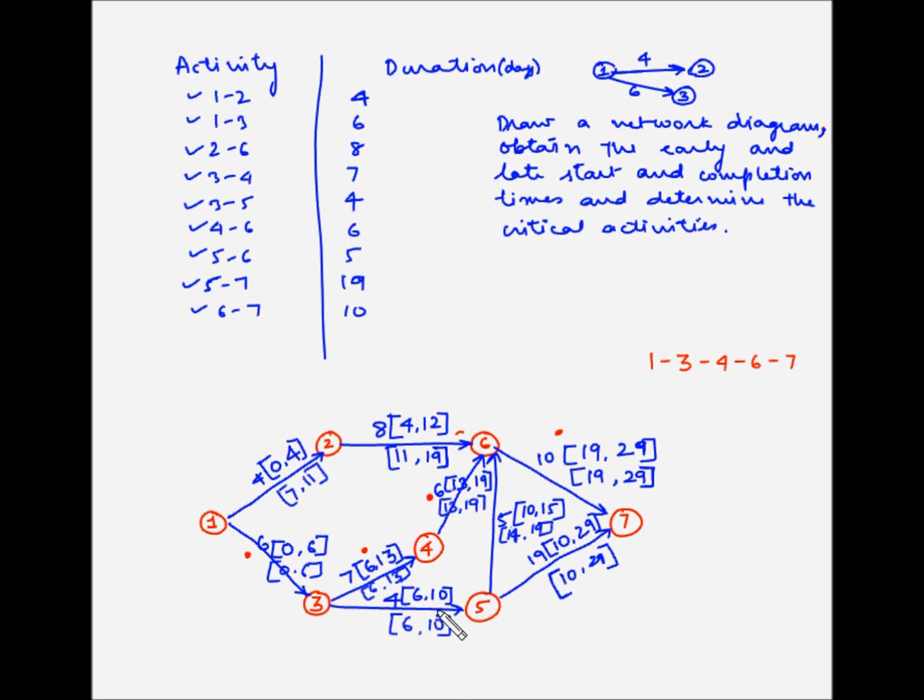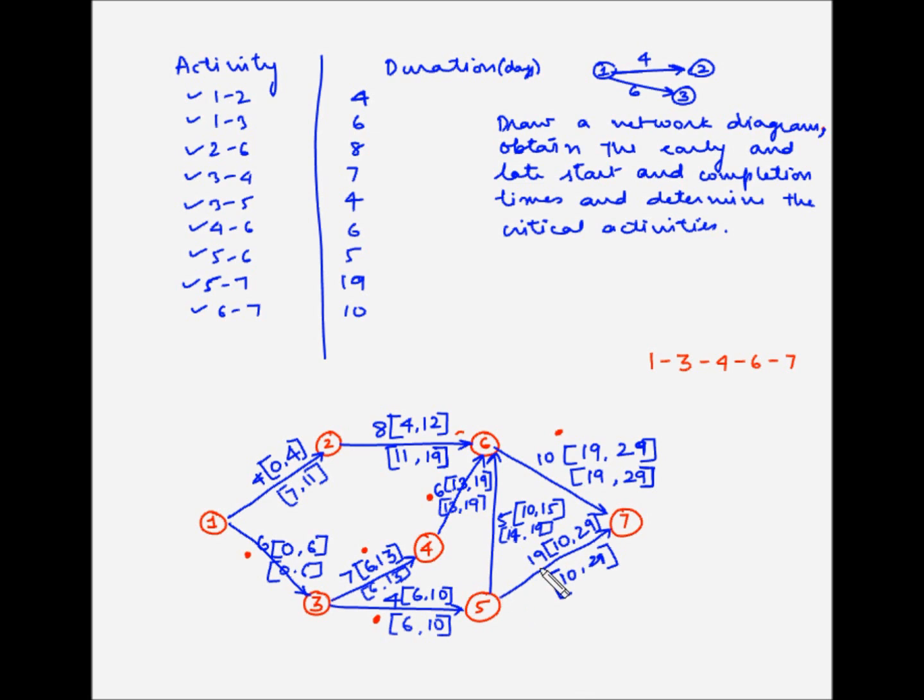So 3 to 5, for this activity the earliest start time is 6 and latest start time is 6. The earliest finish time is 10 and the latest finish time is also 10. So both the sets of numbers match. So this also is a critical activity. Now activity 5 to 6, this has an earliest start time of 10 and latest start time of 14. So this does not match the criteria.